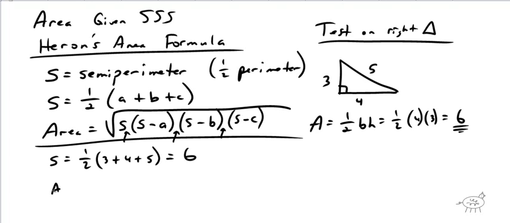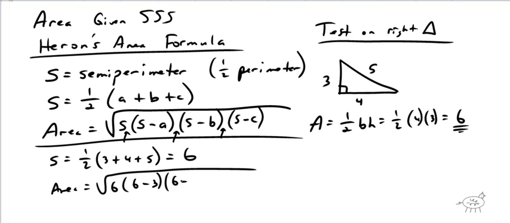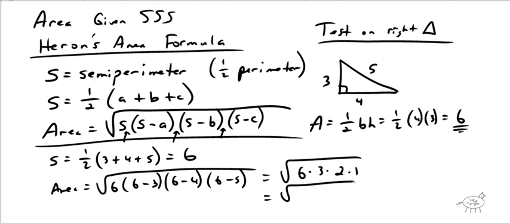And then the area equals the square root of 6 times 6 minus 3 times 6 minus 4 times 6 minus 5. That gives you the square root of 6 times 3 times 2 times 1, which is the square root of 36. Hey! Square root of 36 is 6. Same thing. It's a great formula.